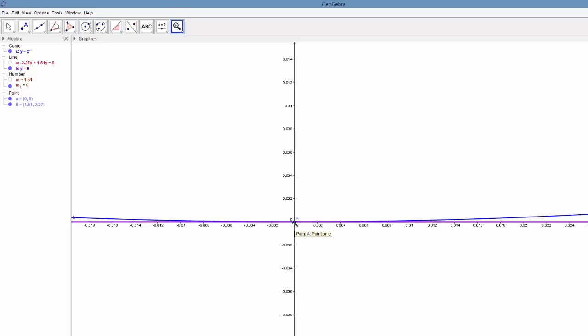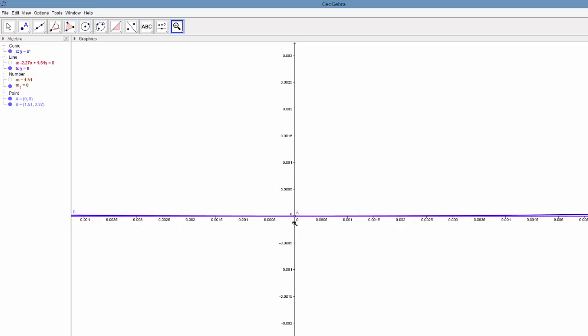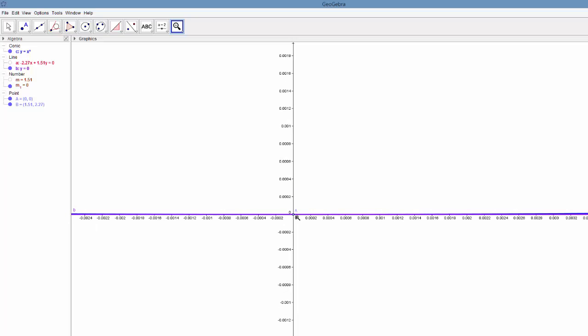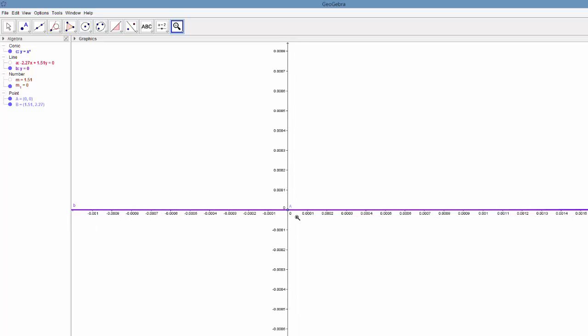So I don't want our function to deviate at all in our viewing window from the actual tangent line. So one more. All right, so now we've basically zoomed in enough that you can see that there's no difference between our function and the tangent line.